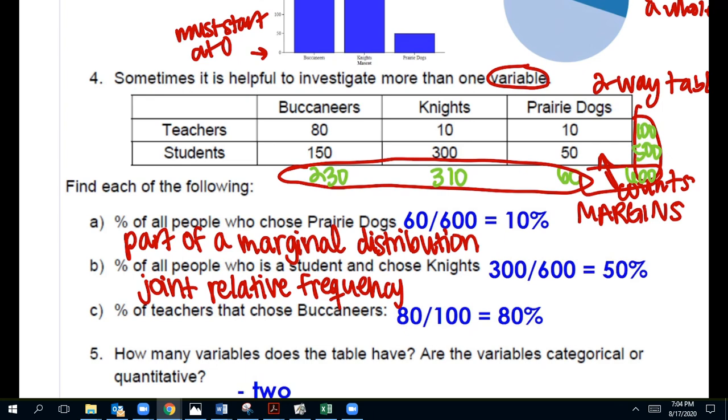And so this is called part of a conditional distribution, because it was based on the condition that someone was a teacher. I say part of for A and C because we can calculate all the values that are part of that. Every person that was a teacher that chose each type, we can calculate their percentages.